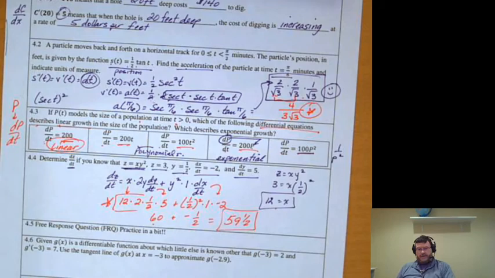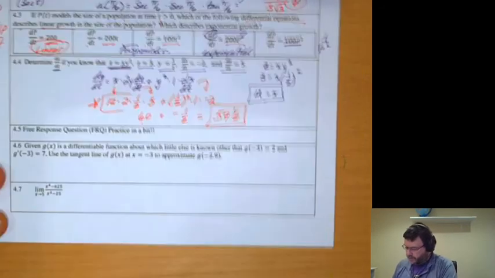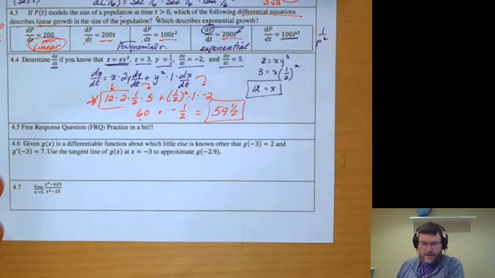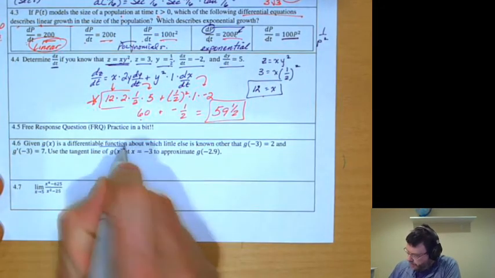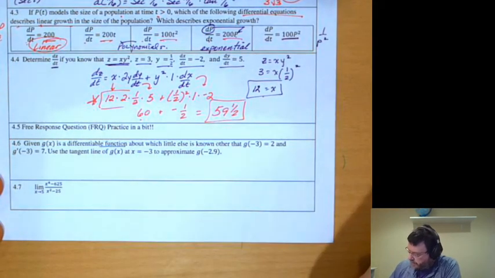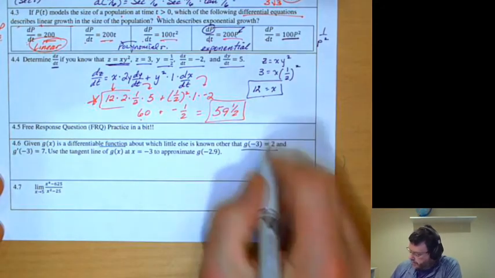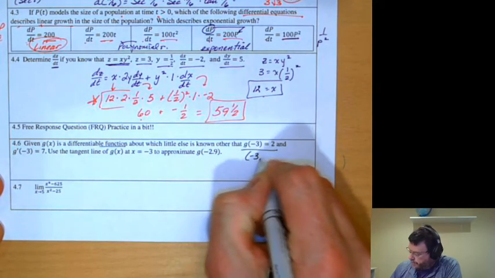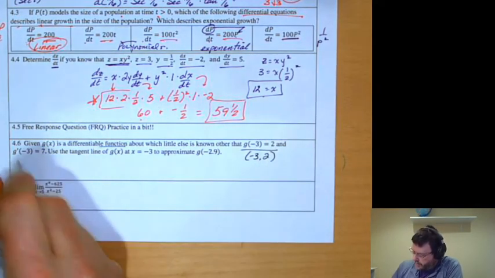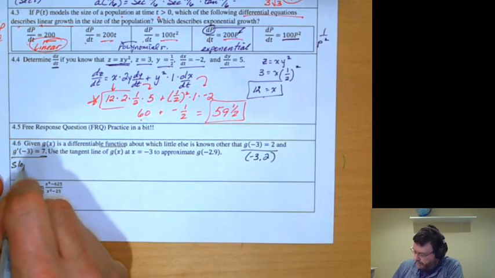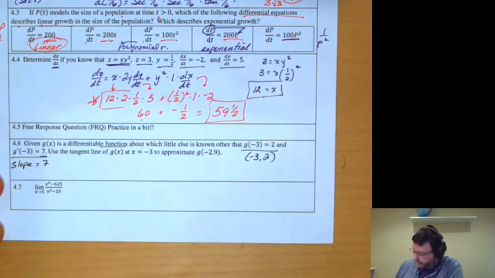All right, you see a lot of these on here. 4-6 is tangent line approximations, finding the equation of the line tangent and then approximating. So given that g of x is a differentiable function, which means it's continuous, g of -3 is 2, that would be that coordinate point, and this is the slope at -3, and that's 7. Use the tangent line.